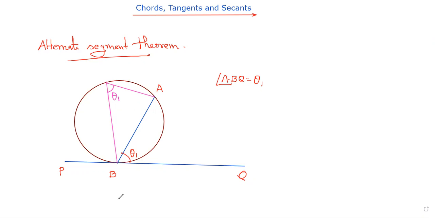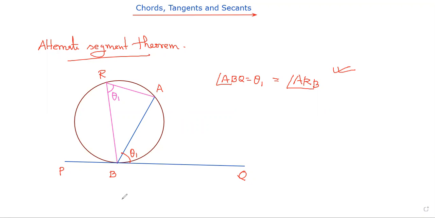This is one interesting outcome, that whenever it is theta 1, it should be equal to angle ARB, let's say this point is R. Both angles will be the same. It is a very important concept where I will be able to find the alternate segment theorem.